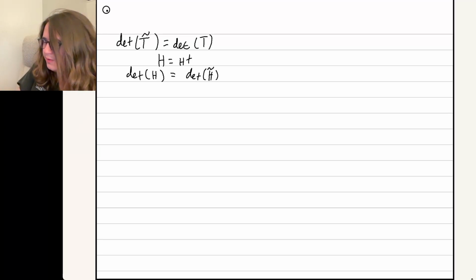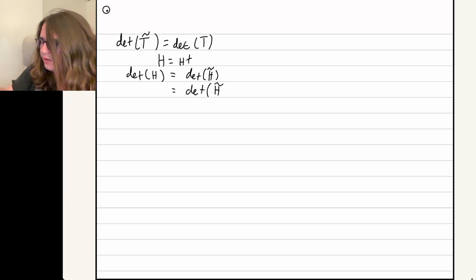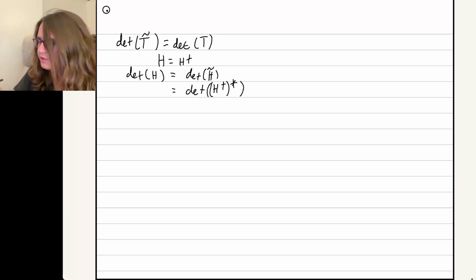But we know on the right hand side that the transpose is just the complex conjugate of the Hermitian conjugate, right? H dagger, complex conjugate.